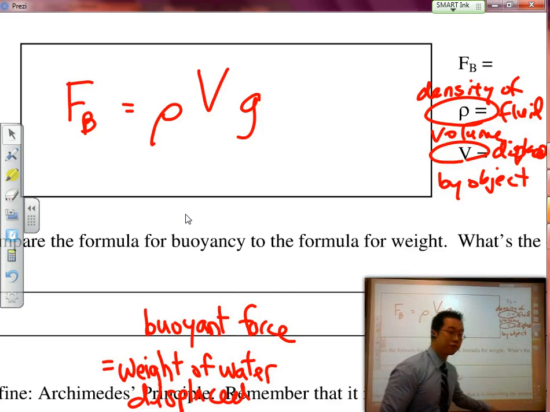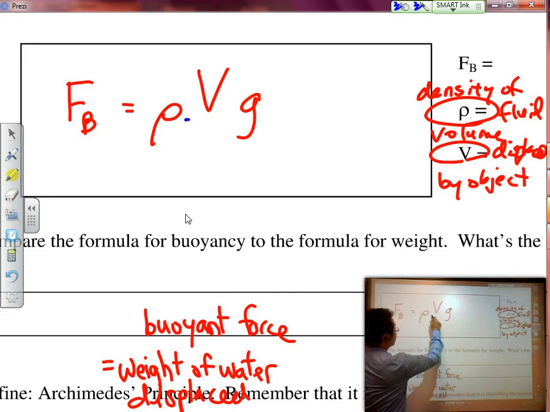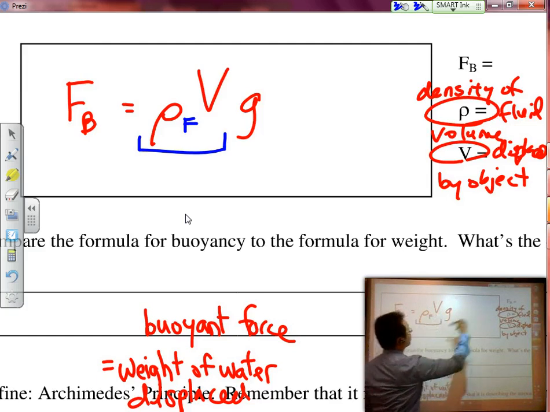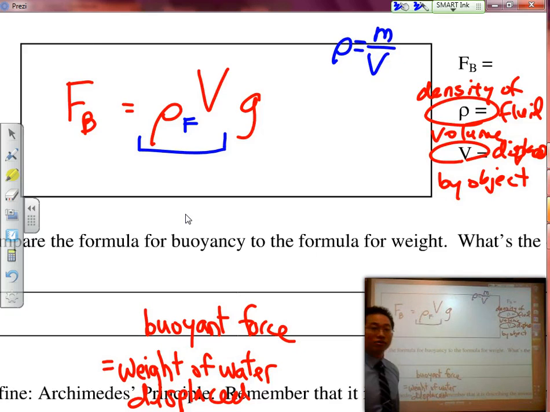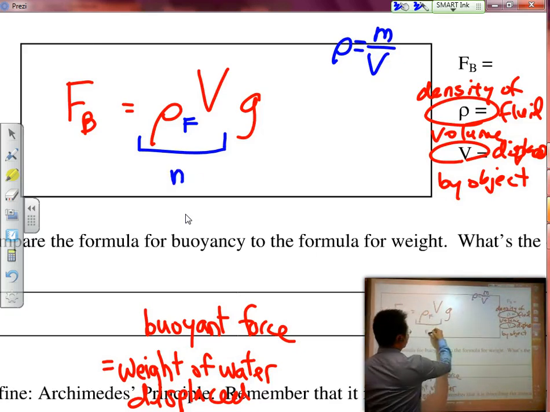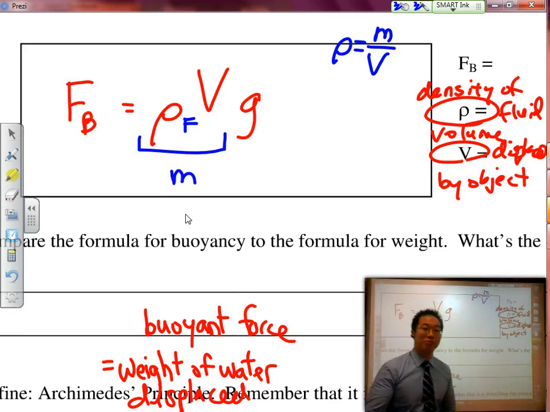From our first lesson, density is equal to mass over volume, so density times volume is the same thing as mass. So really the weight of the water, m g, or rho V g, is equal to the buoyant force.